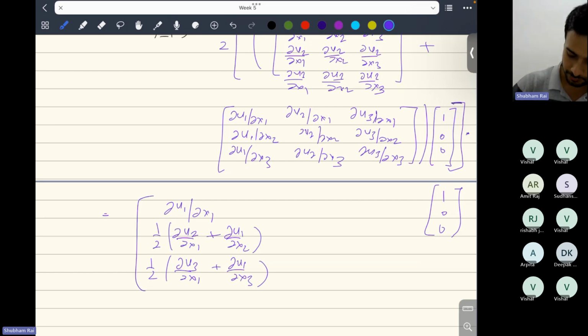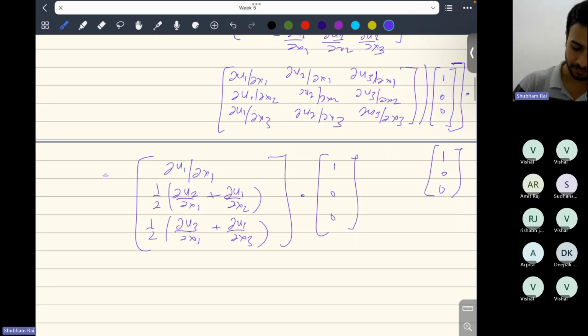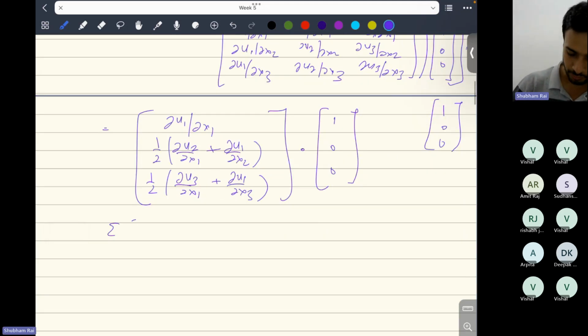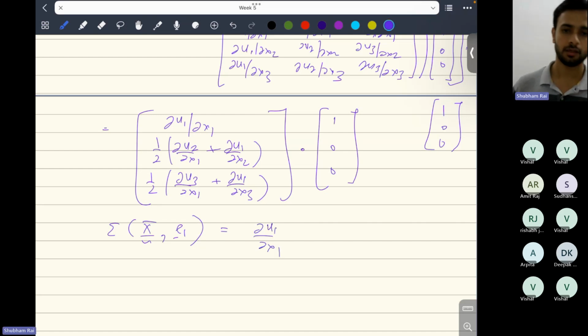Now if you dot this with 1 0 0 again, what will you get? You will only get the first element. So epsilon at point x comma e1 is del u1 by del x1. And if you remember, this is the longitudinal strain in the x direction, because e1 is the x direction.